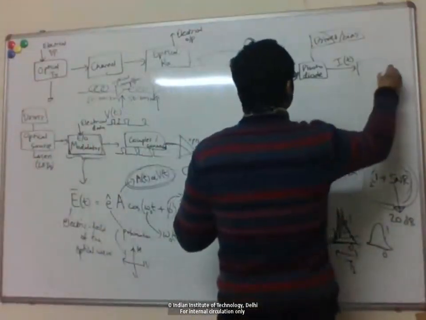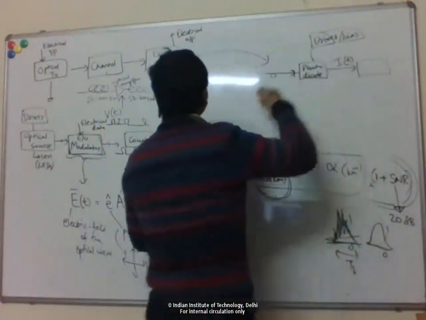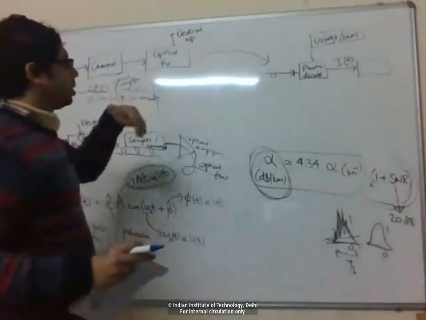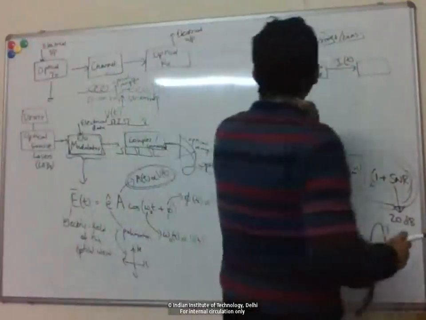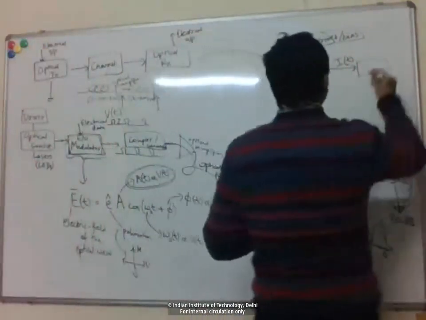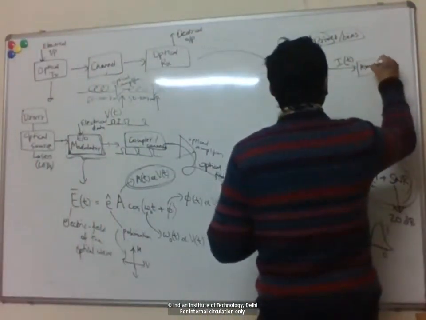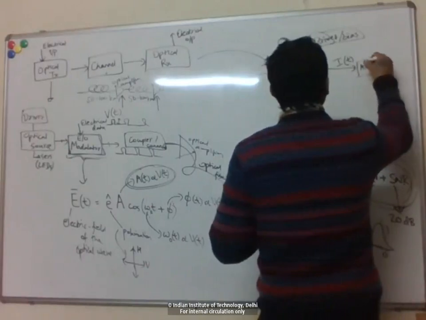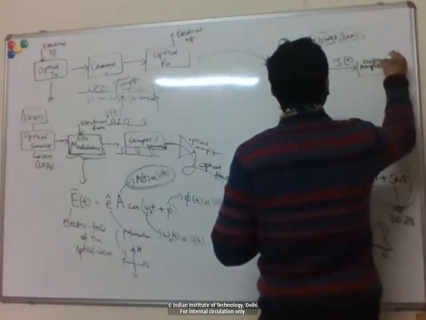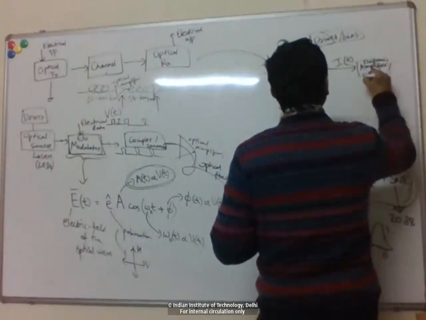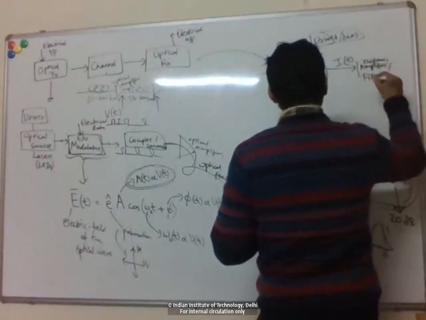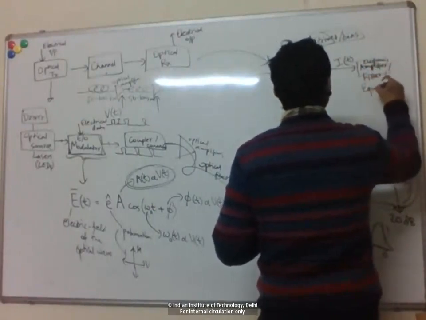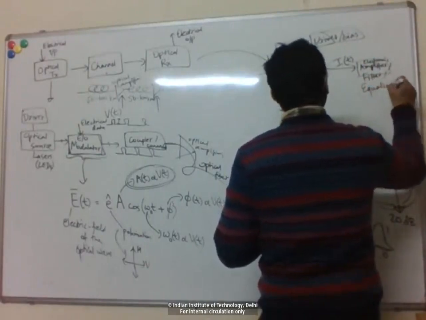Because this current will now have noise, and also the level will be small because of all the losses, you now have various electronics here, like an electronic amplifier, filter, equalizers, right?